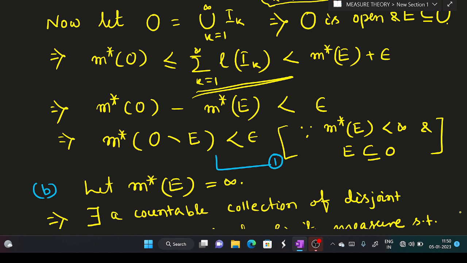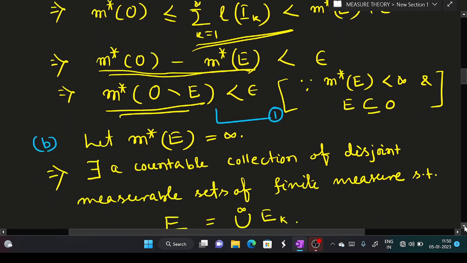It tells us that as E is a measurable set of finite measure, the outer measure of O difference E is equal to the outer measure of O minus the outer measure of E. Hence we got that this is less than epsilon. Let us call it condition 1.